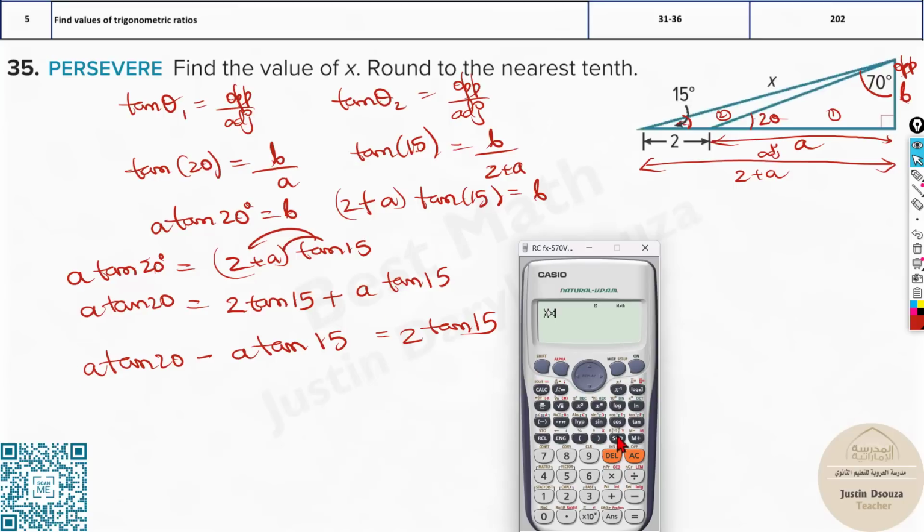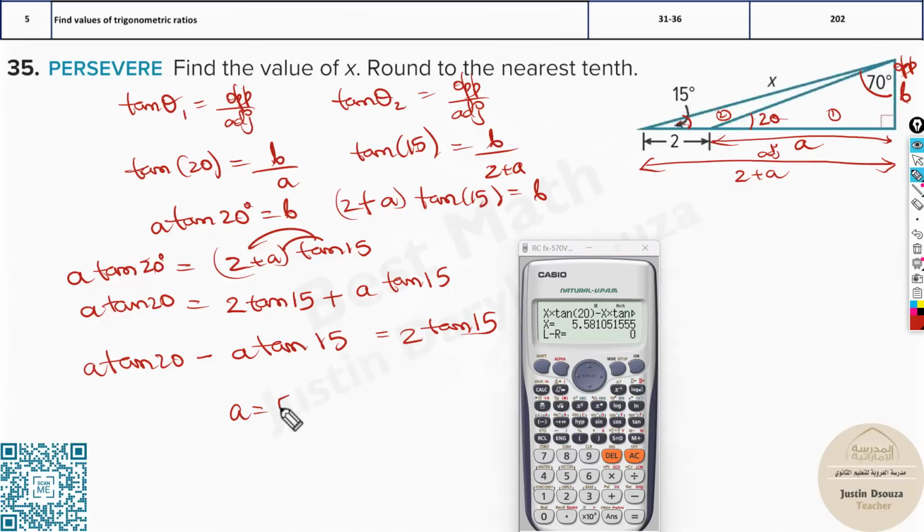Alpha x multiplied by tan 20, close the bracket, minus alpha x multiplied by tan 15, close the bracket, that is equal to 2 times tan 15. Close the bracket, shift and solve, then equal to, the answer is 5.58. That is the A value which we got.